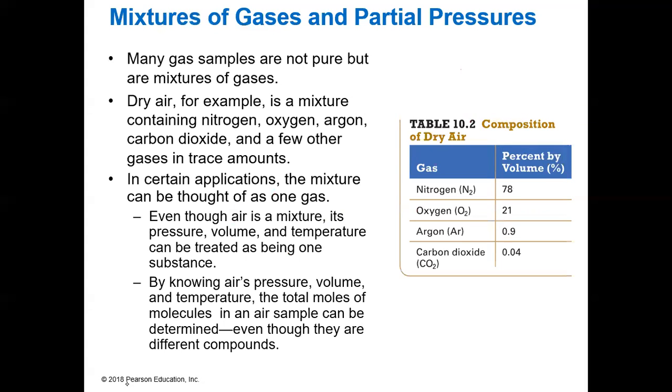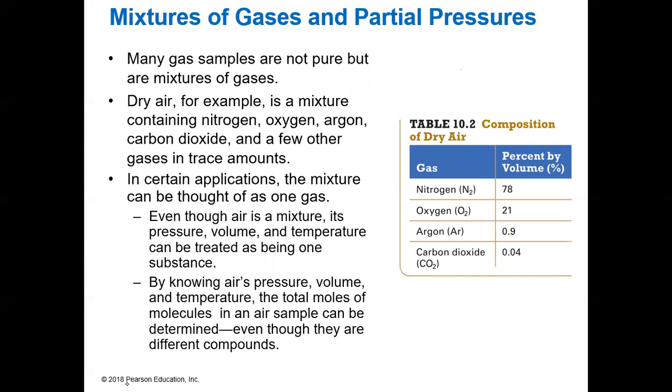All right. Mixture of gases. So a lot of times we're dealing with a mixture of gases. When we breathe in atmospheric air, it's a mixture of gases. So how does that mixture of gases affect our calculations? Well, let's see.